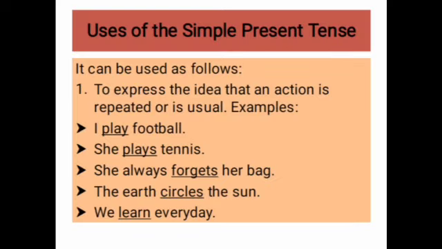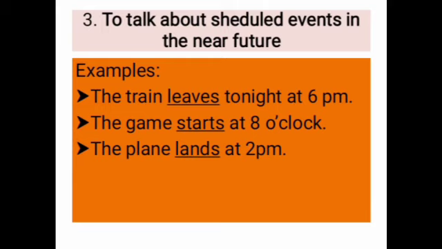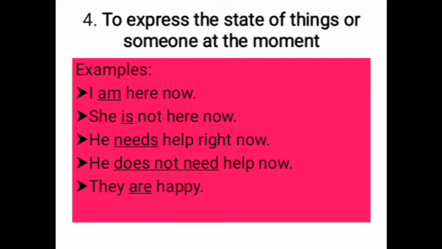Uses of the simple present: number 1, to express the idea that an action is repeated or is usual. Number 2, to express facts or generalizations. Number 3, to talk about scheduled events in the future. Number 4, to express the state of things or someone at the moment.